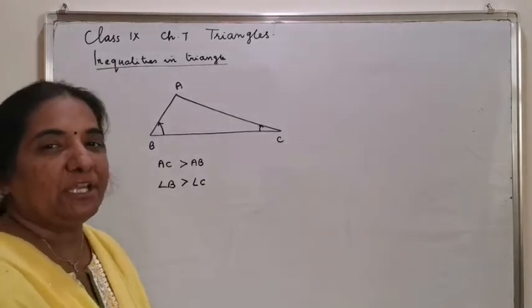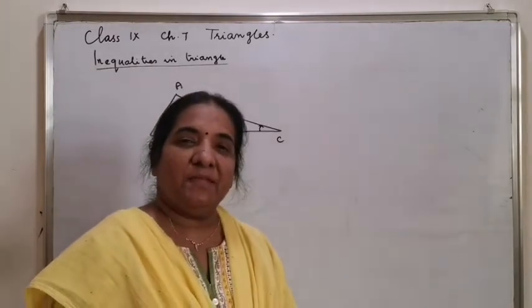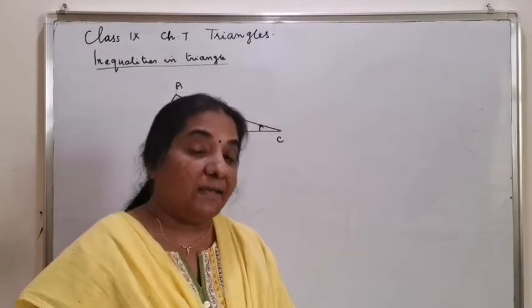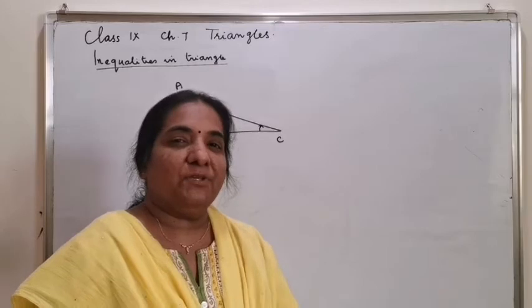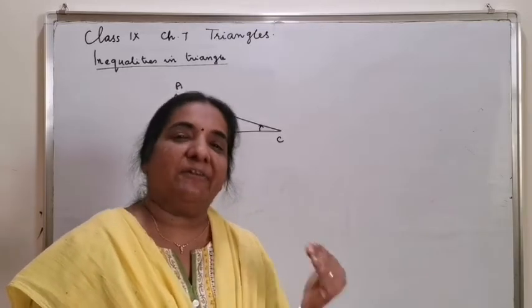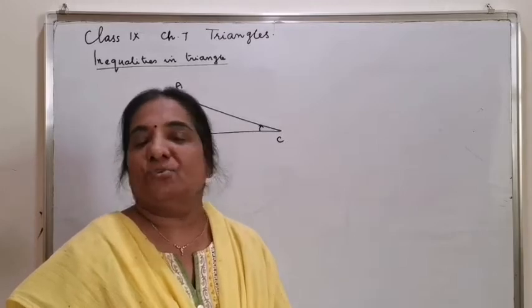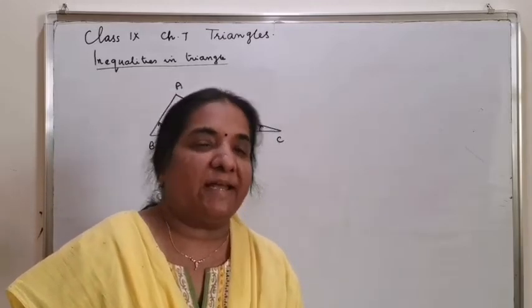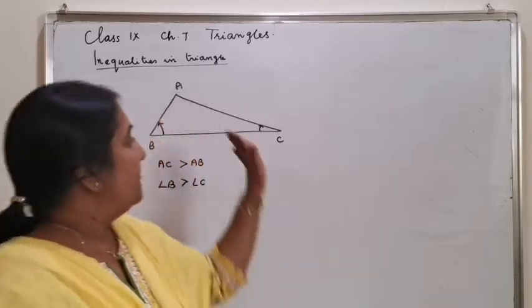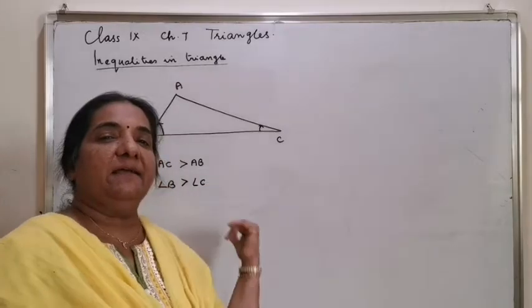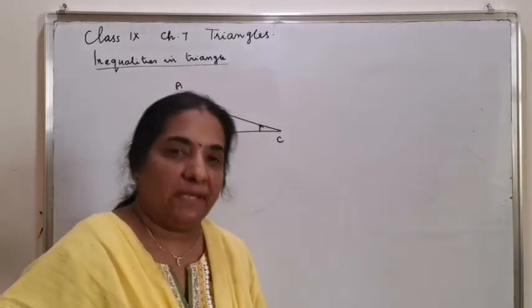What is the property you can derive is, if two sides of a triangle are unequal in length, you can use the word longer for the side and greater for the angle. So what is the property? If two sides of a triangle are unequal in length, the longest side has greater angle opposite to it.